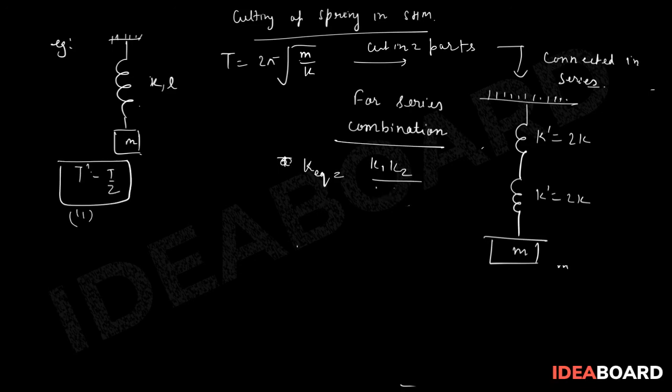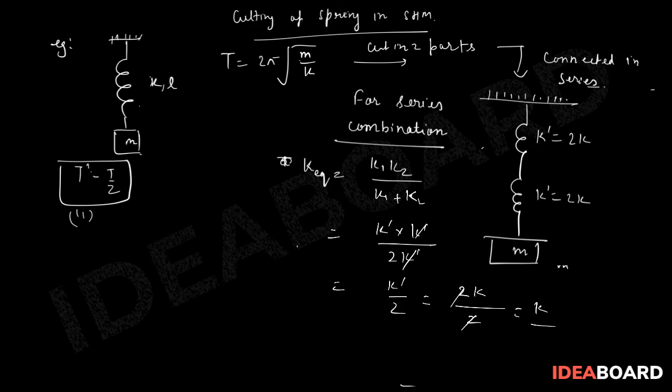Here K1 is K dash, K2 is also K dash, upon 2 K dash. So K dash is cancelled out, this is K dash by 2, and the value of K dash was 2K. So this is cancelled out, so this is going to be simply K.